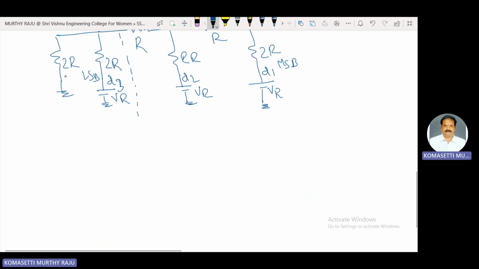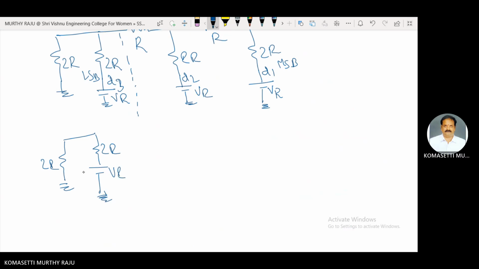Consider this portion: 2R here, 2R, VR, and D3.